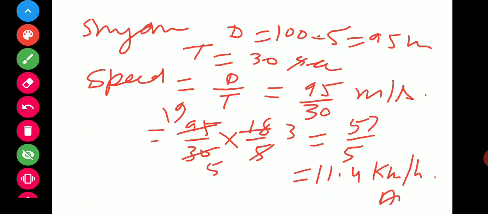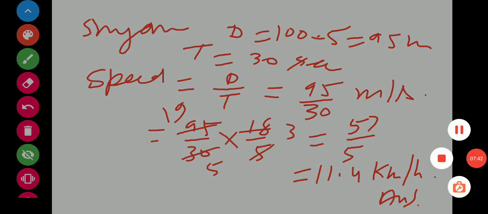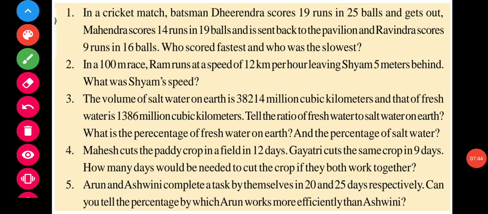So that is your answer. It is the speed of Shyam. Now the third question, number third, is for your homework, so you can do it at home. Now come to the fifth question.